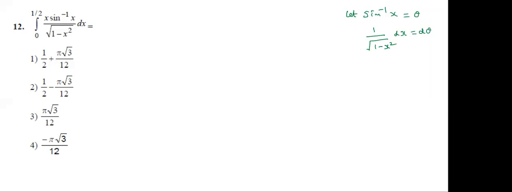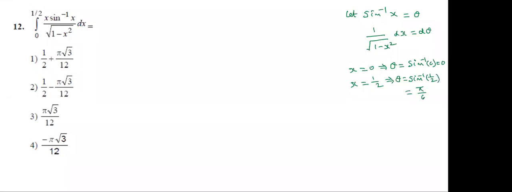So here, change the limits. If x is equal to 0, then what is theta? Theta is equal to sine inverse of 0, that is 0. If x is equal to 1 by 2, then what is theta? Theta is equal to sine inverse of 1 by 2. How much? Pi by 6.